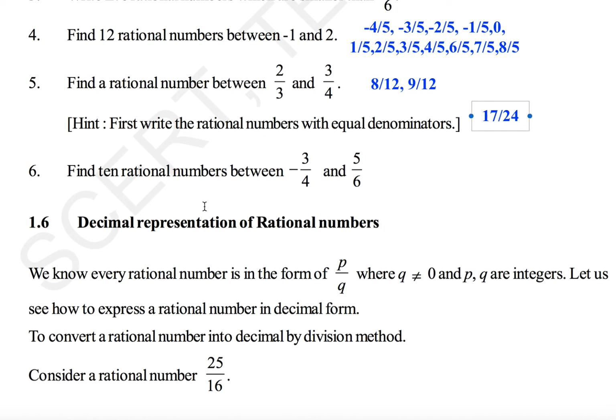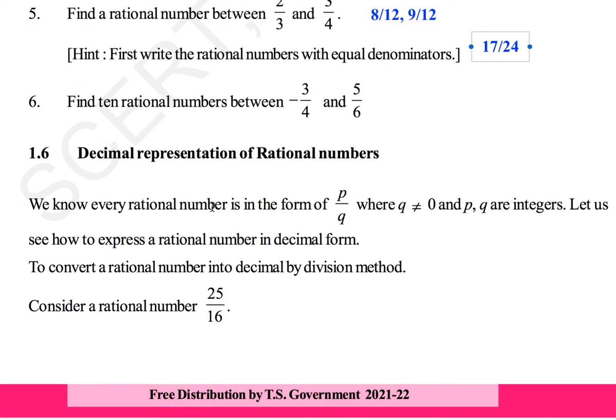Find 10 rational numbers between minus 3 by 4 and 5 by 6. You want 10 rational numbers between these two. Minus 3 by 4 I am writing as minus 30 by 40, and the next one I can write as 50 by 60. Now I can get as many rational numbers as I want.